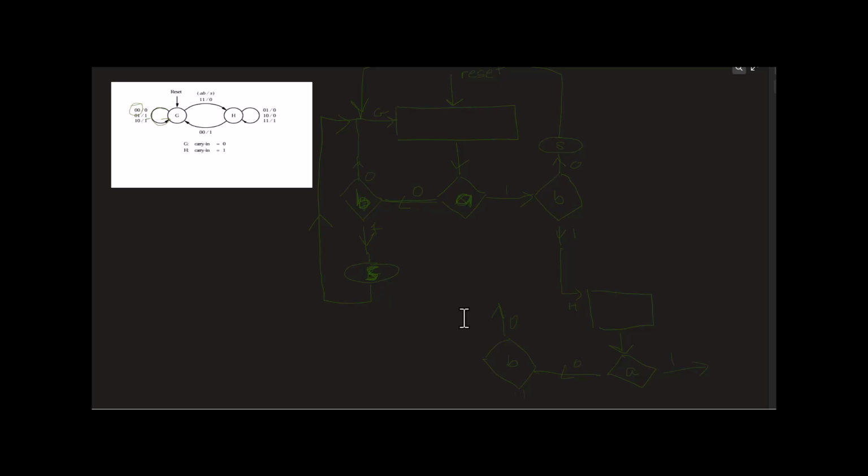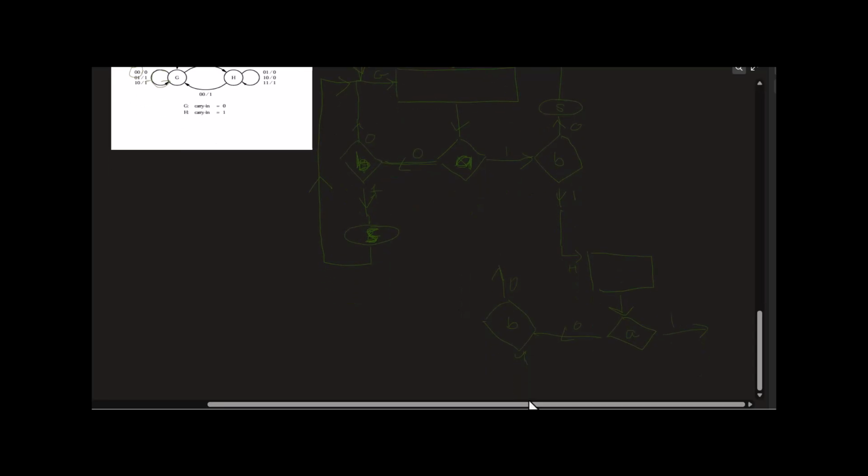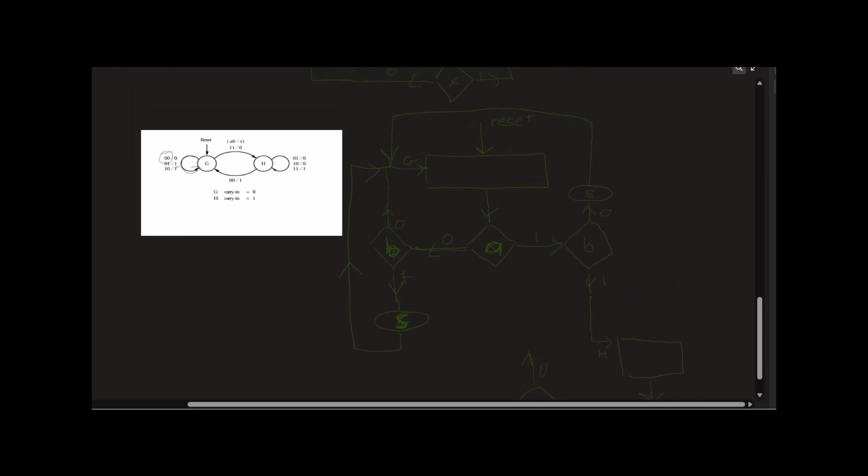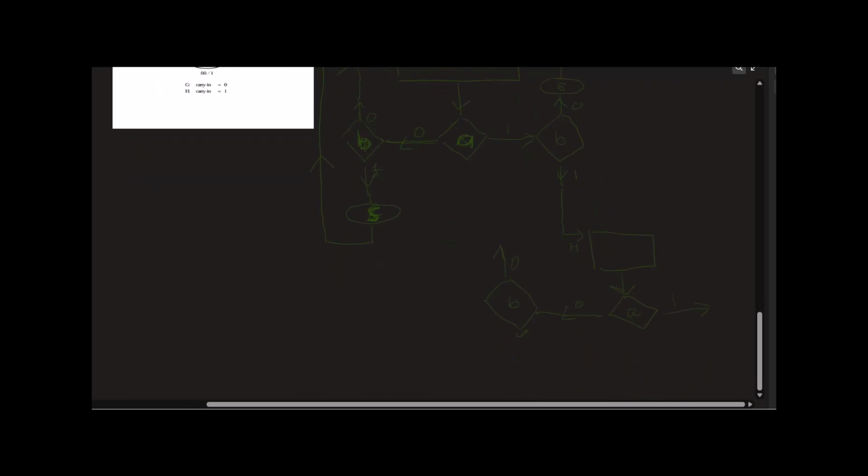For 0, if they were both 0 for the output and they went to the same state, you wouldn't have to check B. What if they had a different output, like one had a 1 and one a 0? That's what we saw up here with B, and I had to separate them.